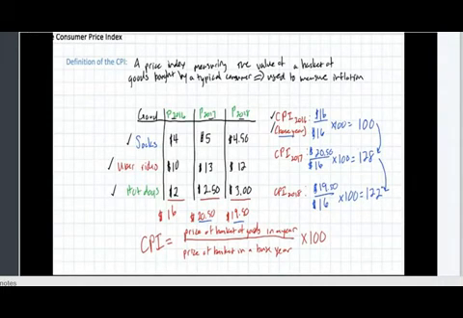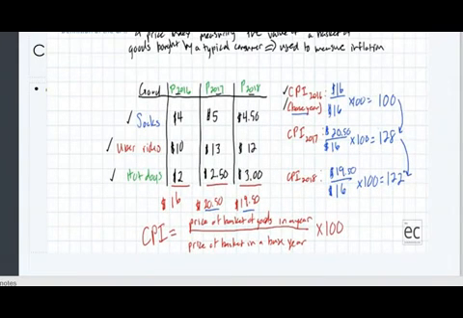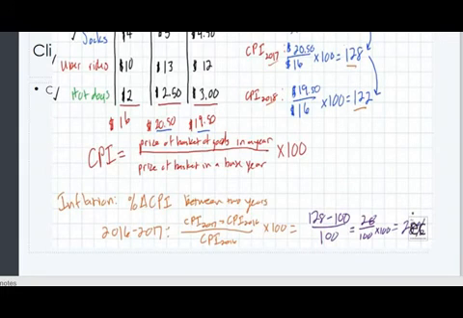So how do we compute naman for the inflation rate? Okay, for 2016, for 2017, and 2018. Na-compute natin yung CPI. Now, let's try to compute the inflation rate. So, inflation rate, sabi dito, class, madali din naman siya, no? There's always the base year. Okay, sabi ko nga kanina, mahalaga na meron tayong comparison to compute the inflation.